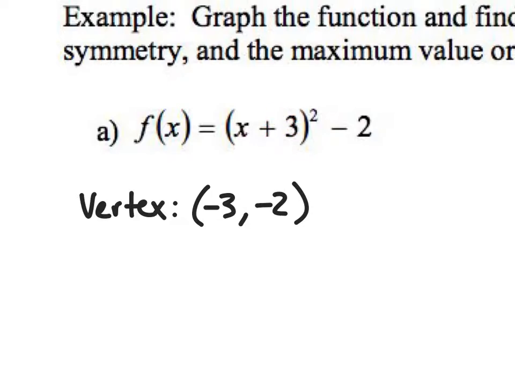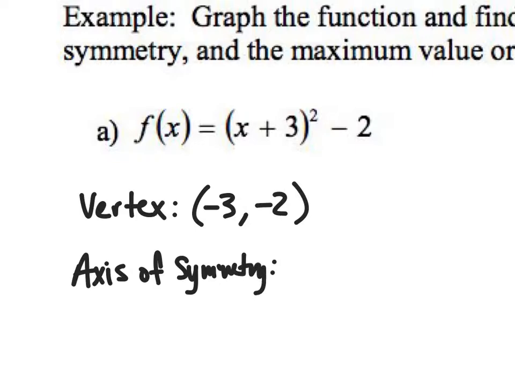Because this is x plus 3, my vertex is going to be at -3, -2. My axis of symmetry is going to be the line x equals -3.